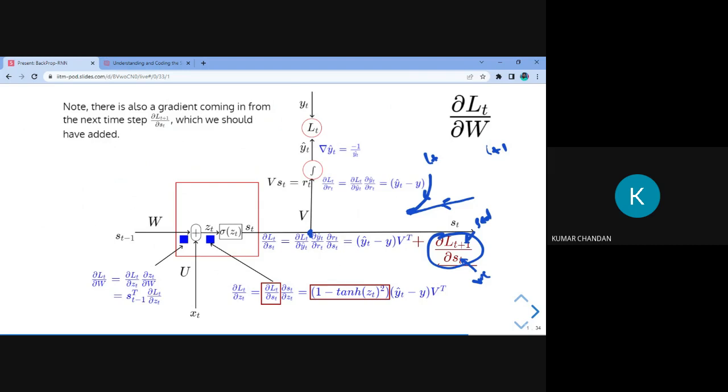So the left term, dou lt by dou w, is stopping just before the zt, right? It should go through up to the end, which means up to the zero time step, S0.